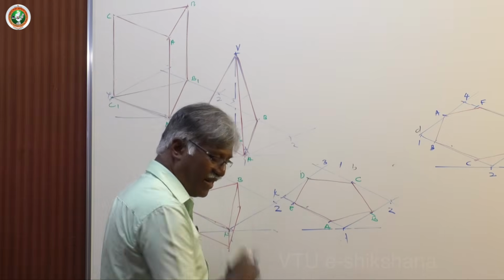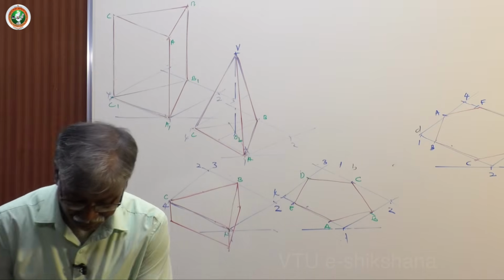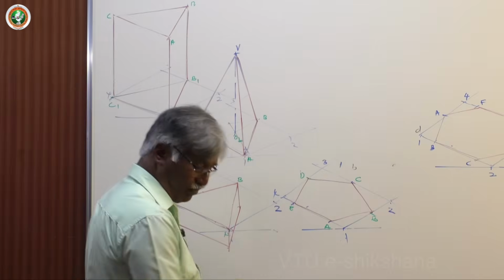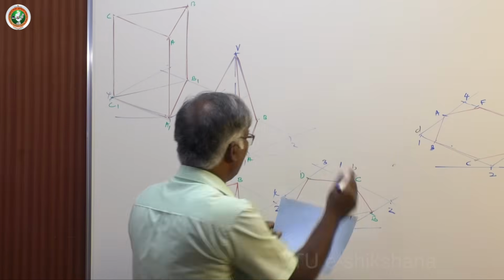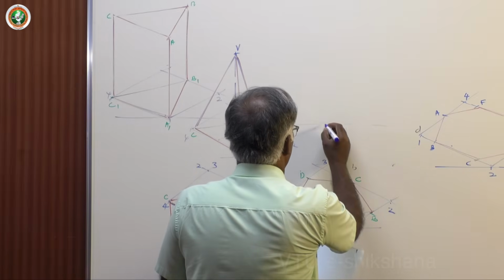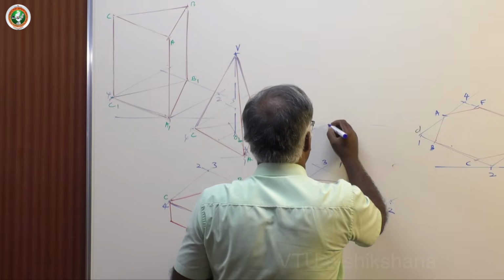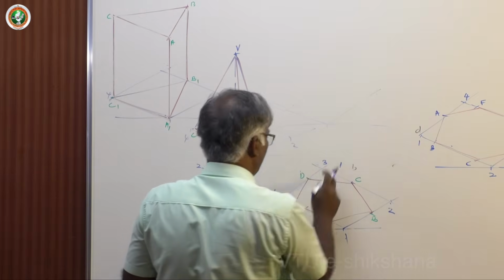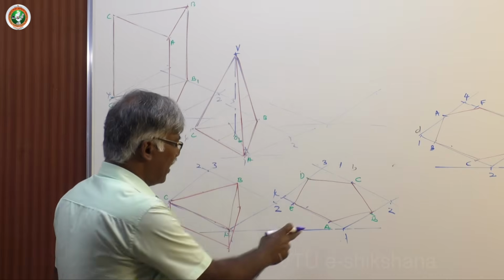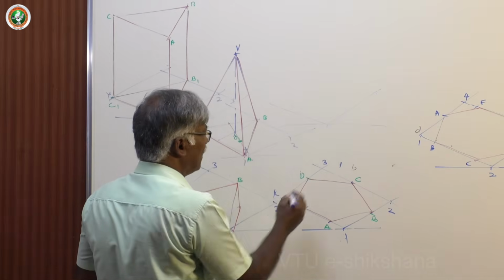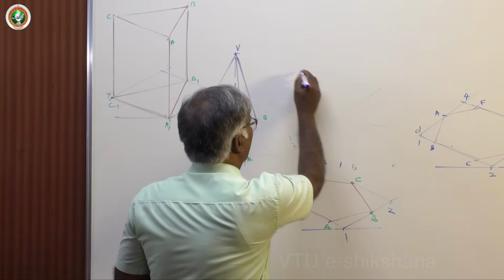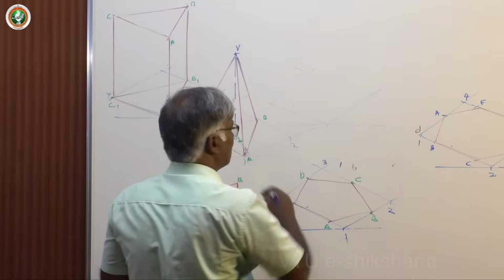Now let me create the pentagon. Again the 30-degree line, mark. I am creating a new shape, that is the pentagon. Same thing, I am recreating it. As you know, 1, 4 and 1, 2. Then draw lines, thin lines.